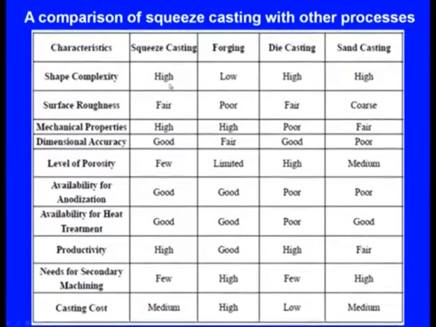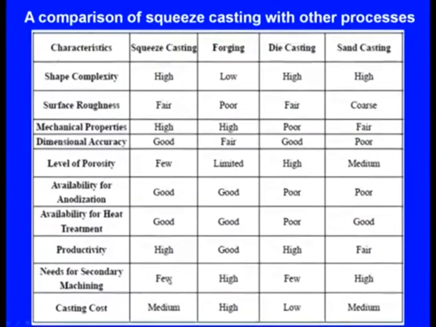When we look at the squeeze casting, shape complexity is very high, complex features can be obtained, surface roughness fair and mechanical properties are high, dimensional accuracy good, level of porosity few, availability for anodization good, availability for heat treatment good, productivity high, needs for secondary machining few, very few cases we need secondary machining, and casting cost is medium, not very high.